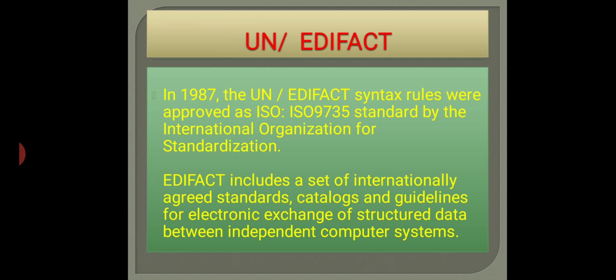In 1987, the UN EDIFACT syntax rules were approved as the ISO 9735 standard by the International Organization for Standardization. It includes a set of internationally agreed standards, catalogs and guidelines for the exchange of data between computer systems.